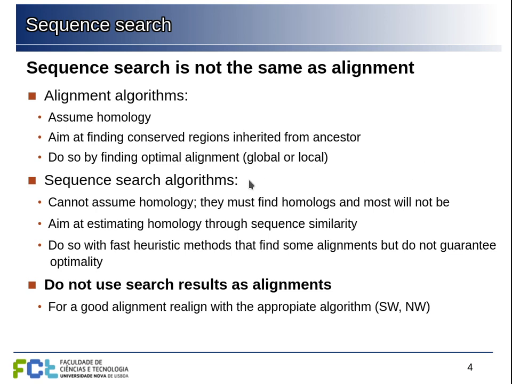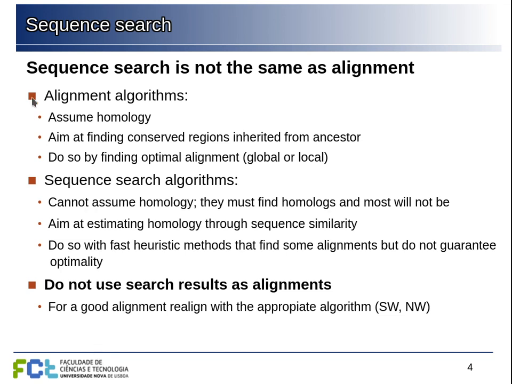When we are searching, we cannot assume homology because we are trying to find which sequences in the database are homologous to the one we are using as query. So most of them will not be, and we need to distinguish between those. And so we are trying to estimate which sequences are homologous, and we also need to do this very quickly because we need to search through very large numbers of sequences in order to find the ones that we want.